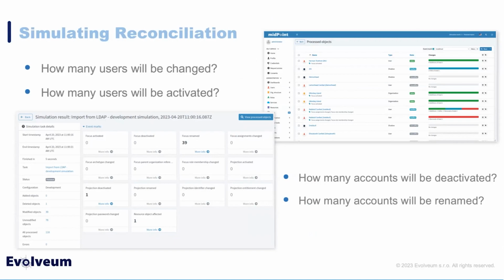You are careful because in the past you had a bad experience, therefore you decide to run the simulation first, which is a very good decision because after running it, you see the detailed metrics, statistics, and information about changes being executed. If there is anything suspicious, you don't have to reconcile the target system. You can provide an export to the stakeholder and ask them to fix the problems.